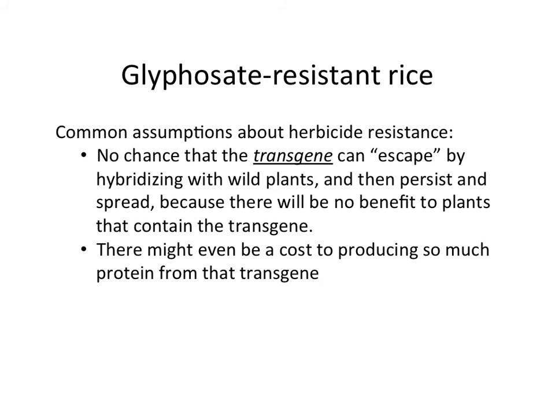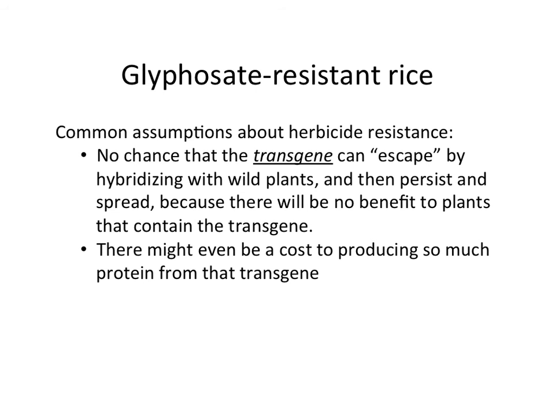What everybody assumed about transgenic plants is written up here, I'm sorry for all the text. Two assumptions. That if you made a transgene, this is in the absence of treatment with herbicide. So imagine you've planted a rice paddy, you've got herbicide-resistant rice, you've got wild rice, and you're not treating them with herbicide.